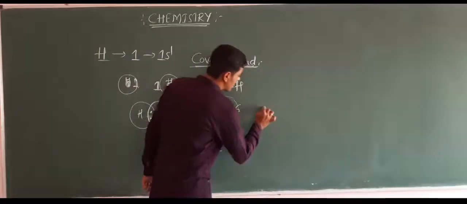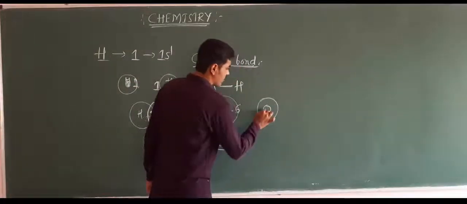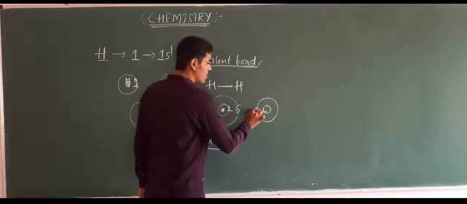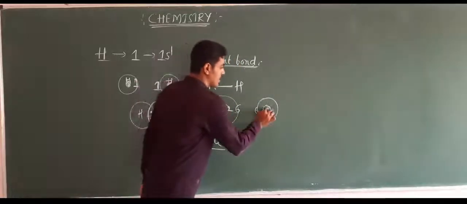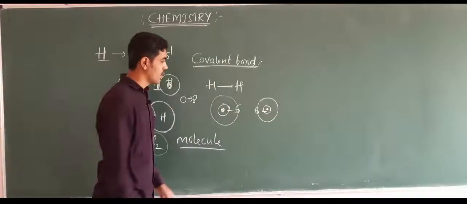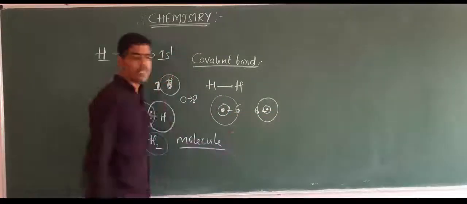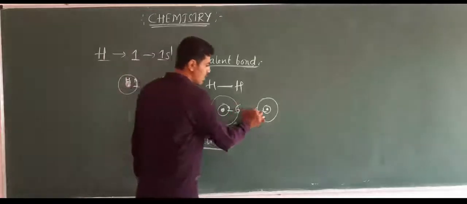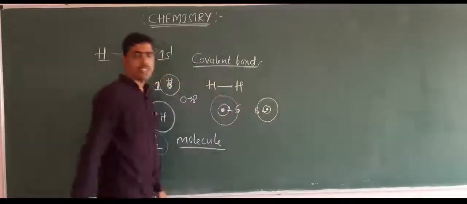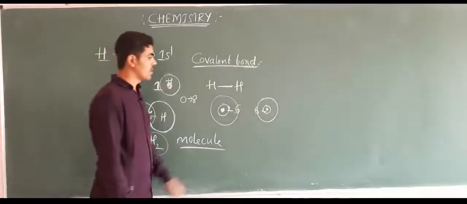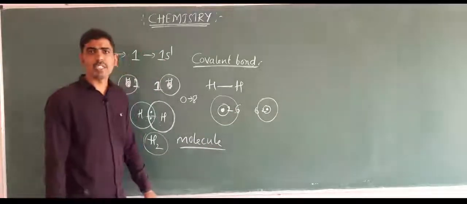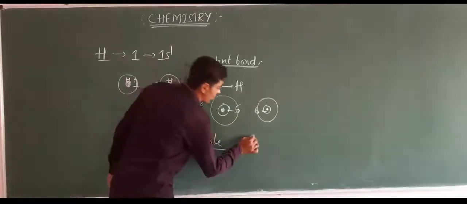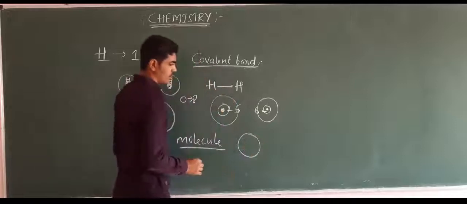Now if you consider another oxygen, again it is 2, 6. At the center, the nucleus is there. It is also unstable. Now these will mutually share their electrons in order to form the covalent bond and form the molecule.